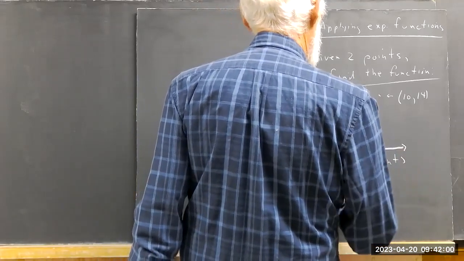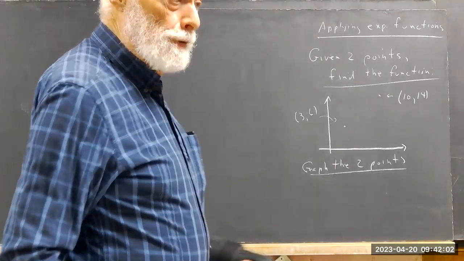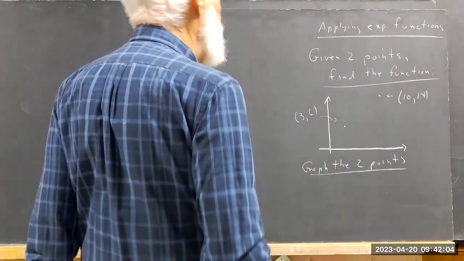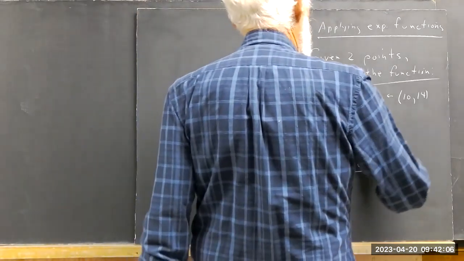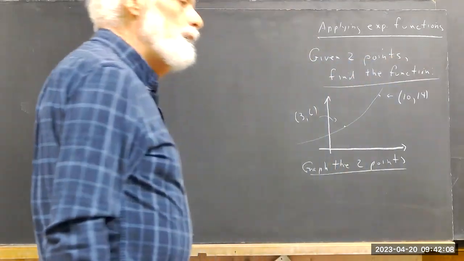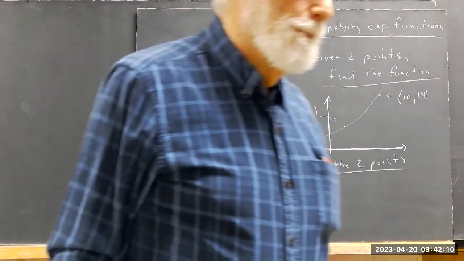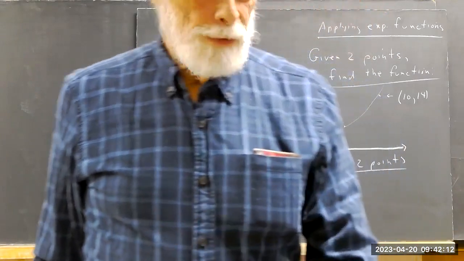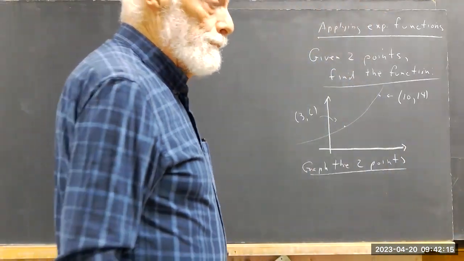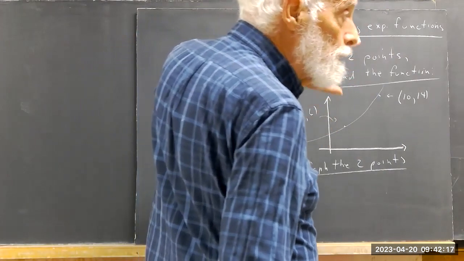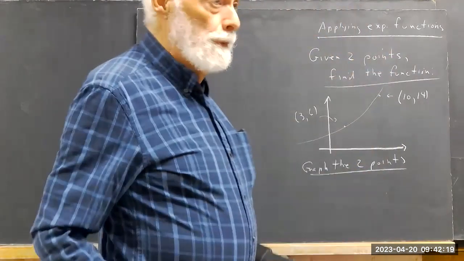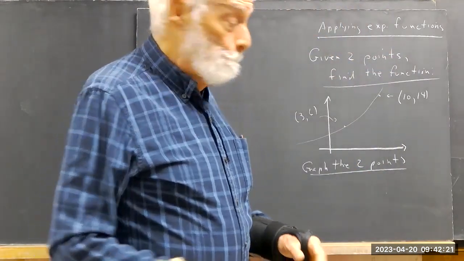As we did last time, both in this class and the 161, you got 2 points. You make a sketch of an exponential curve. This gives you something to focus on rather than just get lost in a bunch of values.